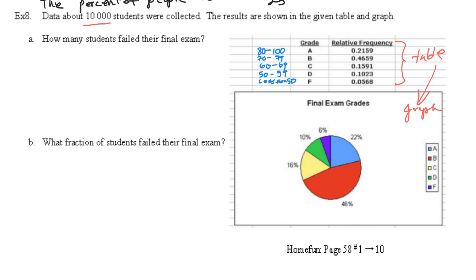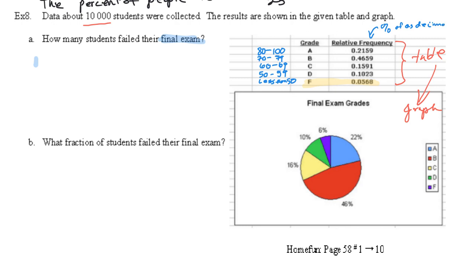So let's go and take a look at how many students failed their exam. If I'm looking for that in our chart, that's this information right here, right? So here is how we figure out the number of people who failed. When you hear the concept of relative frequency, we're talking about the percent of the population as a decimal.